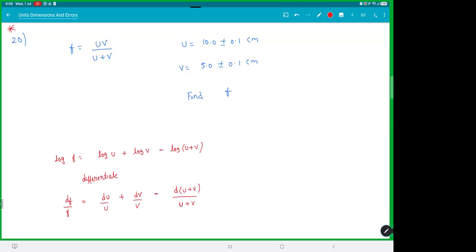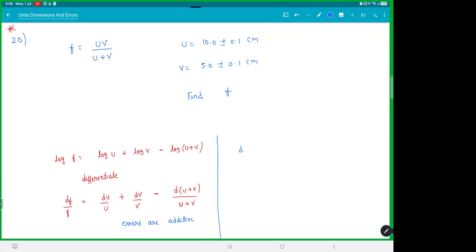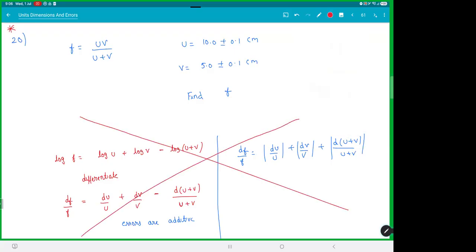Right? And then we studied that errors are always additive, and therefore you'll put a mod everywhere. Right? So be careful. This is wrong. You can't do this.